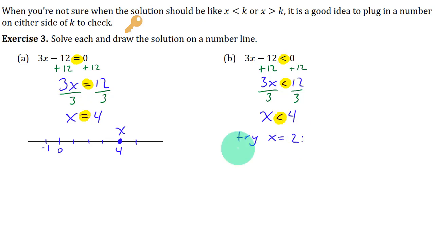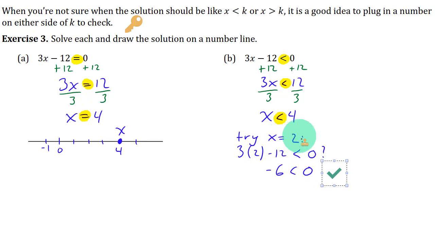So 3 times 2 minus 12, is that less than 0? That's going to be 6 minus 12, which is -6, and that is less than 0. Yeah, so if that works, then 2 is on the side of 4 that you want. So yes, it should be x is less than 4.